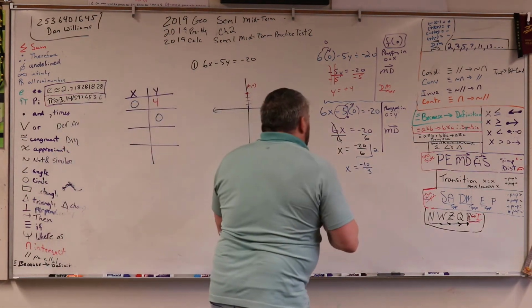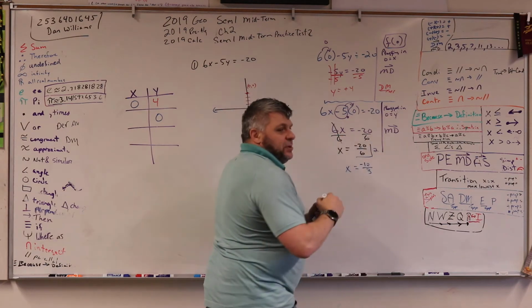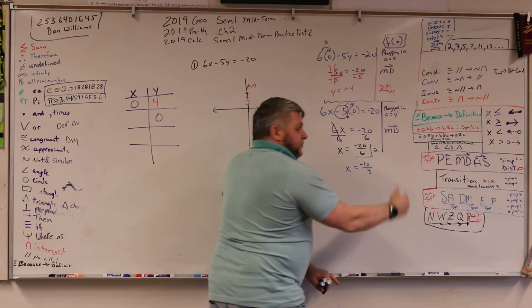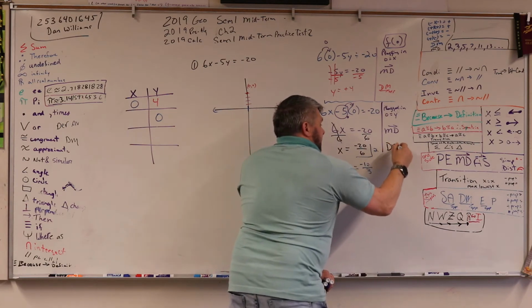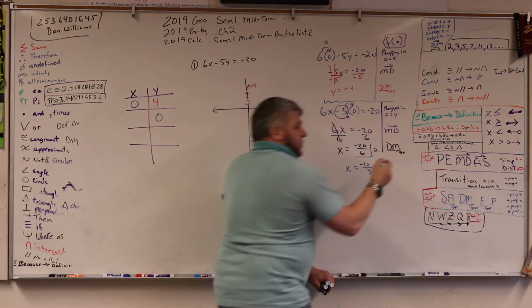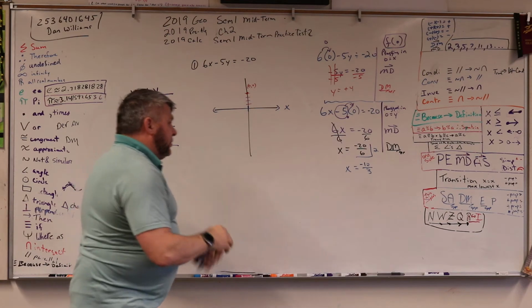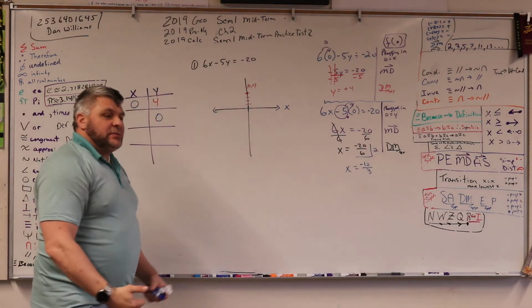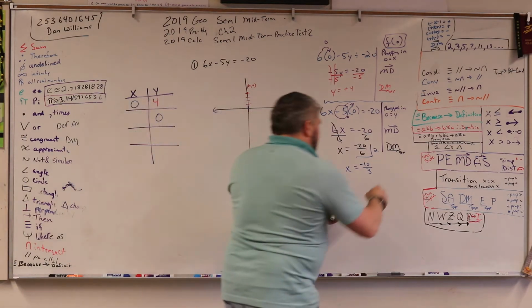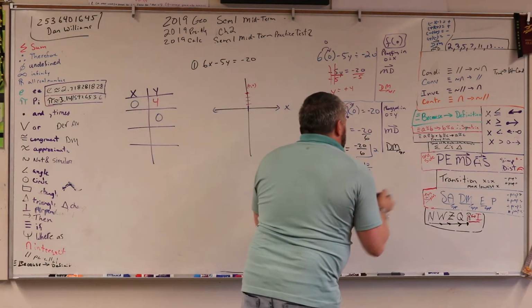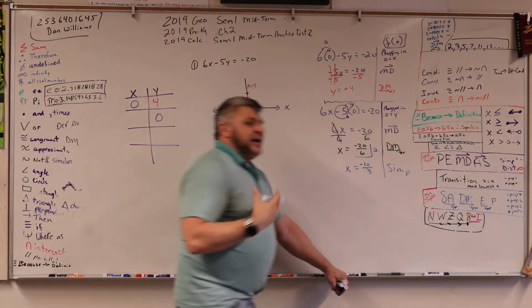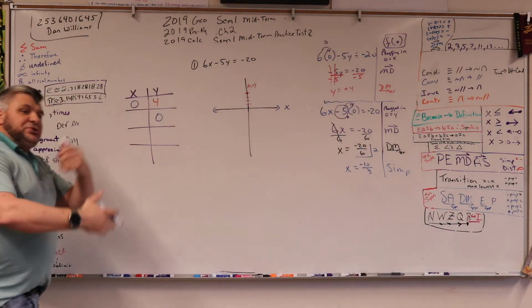Now first of all, what did we do? We did the opposite operation, right? And then what did we do? We divided by 2, right? We simplified. So in this case, this is going to be the first time we actually use simplify. You're reducing.